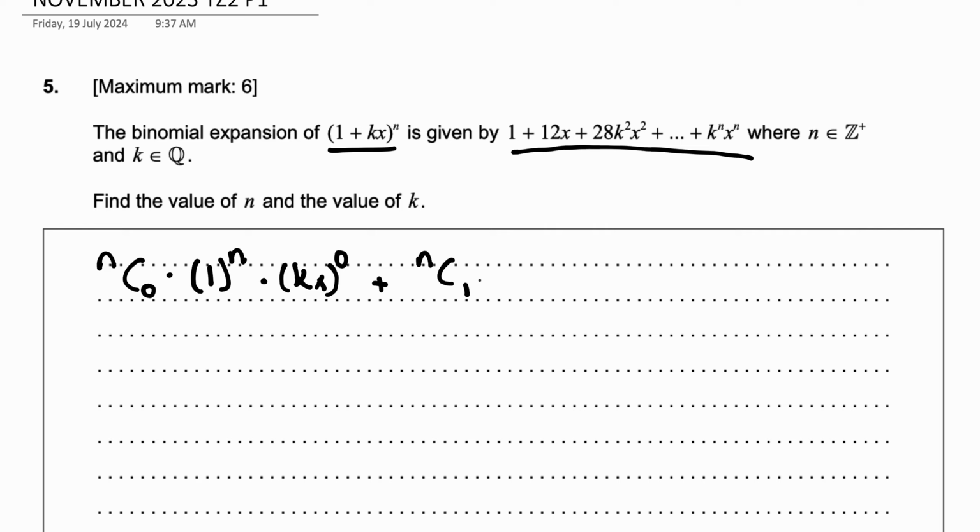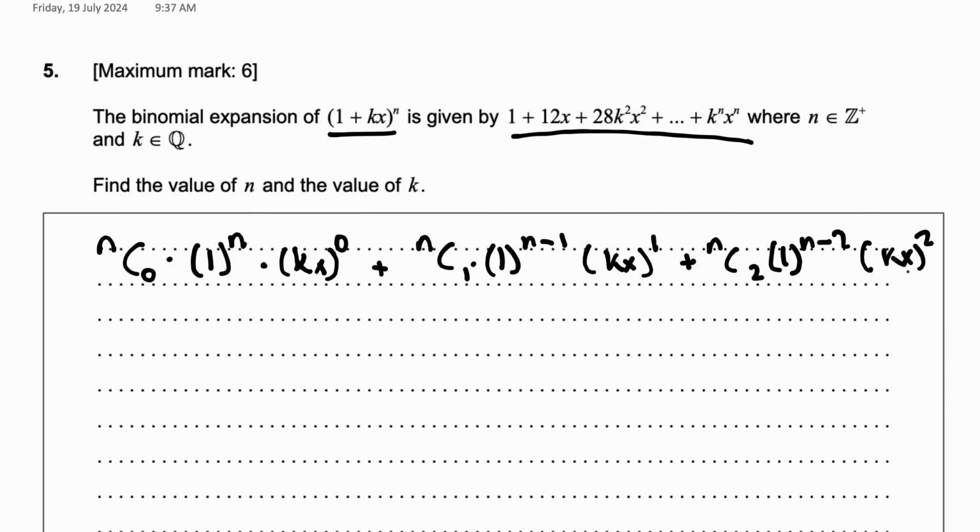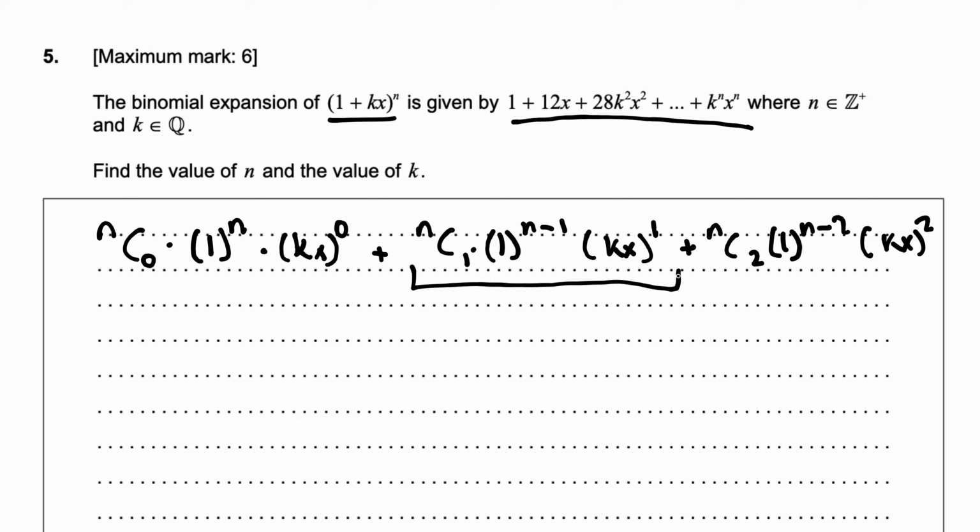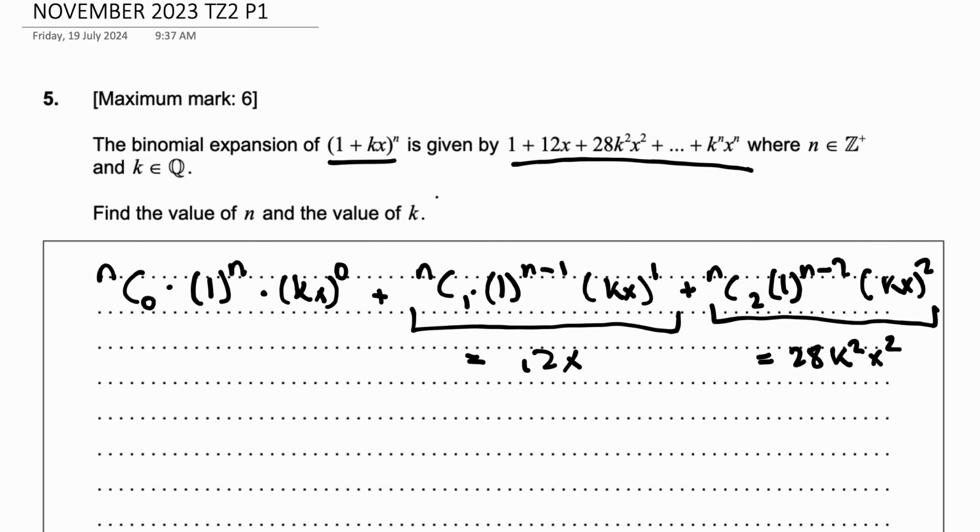Then n choose 1 is of course 1^(n-1) times (kx)^1, and n choose 2 is 1^(n-2) times (kx)². Now we're only interested with these 2 terms right here, and I'll show you why. Because we can do a direct comparison. We know that this term right here is equal to 12x and this right here must be equal to 28k²x². Okay, so this is a direct comparison that we need to do.